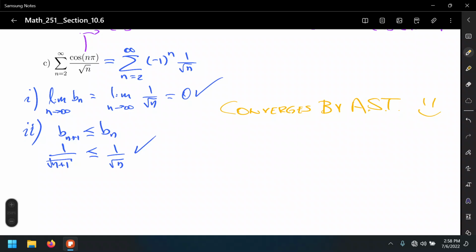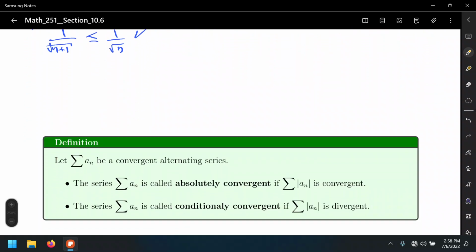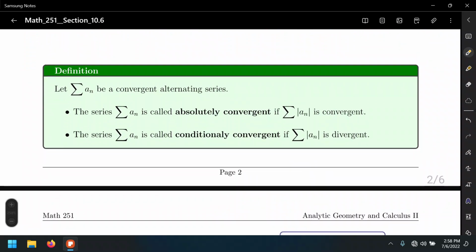Okay. Questions about alternating series for what we have so far? All right, so what's next? When it comes to alternating series, we need to further discuss the convergence of the series. That is, we need to determine whether an alternating series converges absolutely or just conditionally.